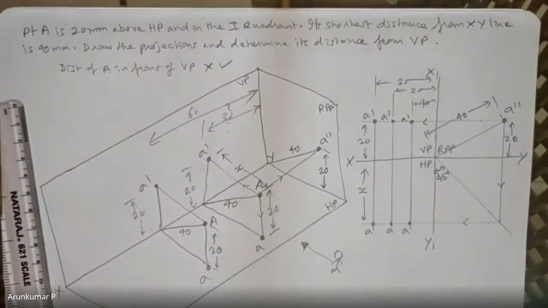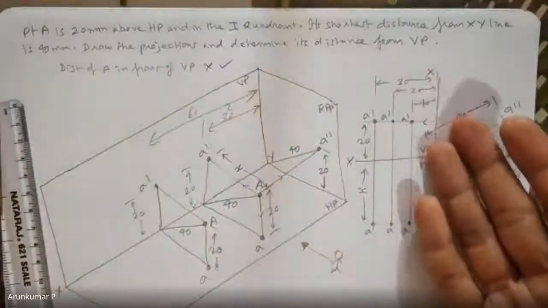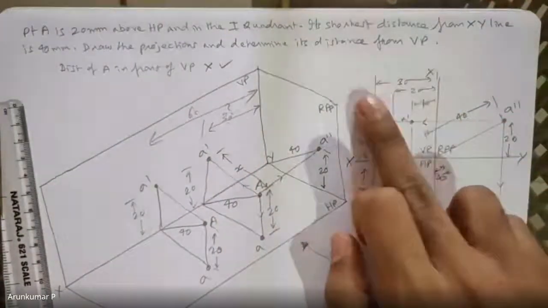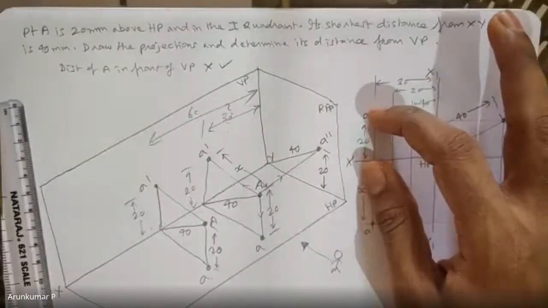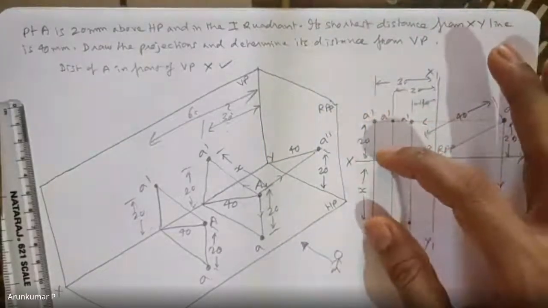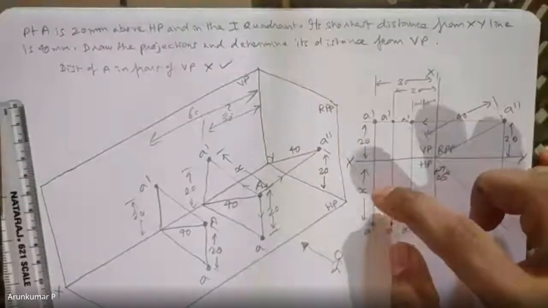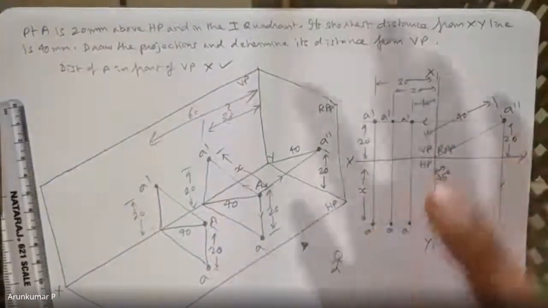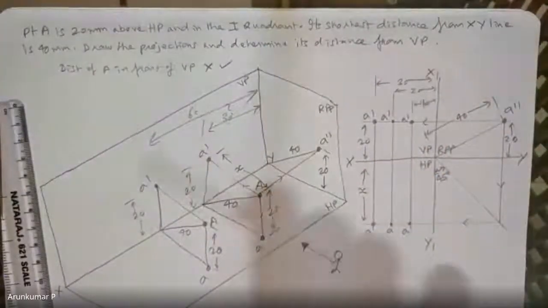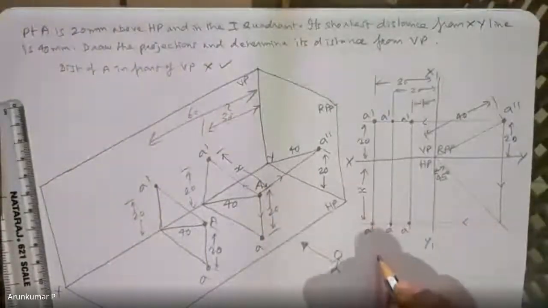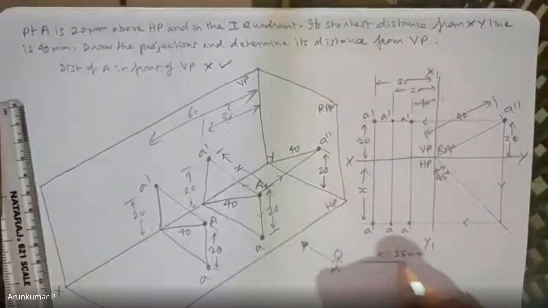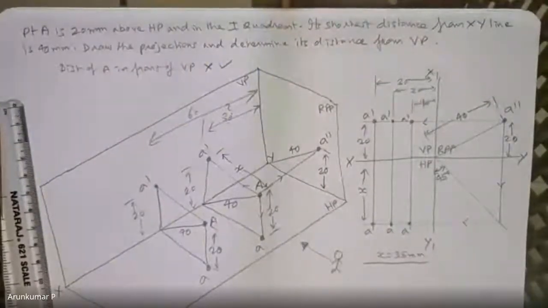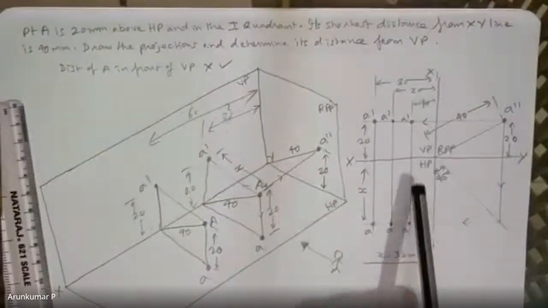You can draw at whatever distance you please, 10, 20, 30, 40, however much space you have. A dash will be 20 mm above and A will be X mm below. Now, what is the value of X? Has anyone found out? It is around 35 mm. X is 35 mm in any of these cases.